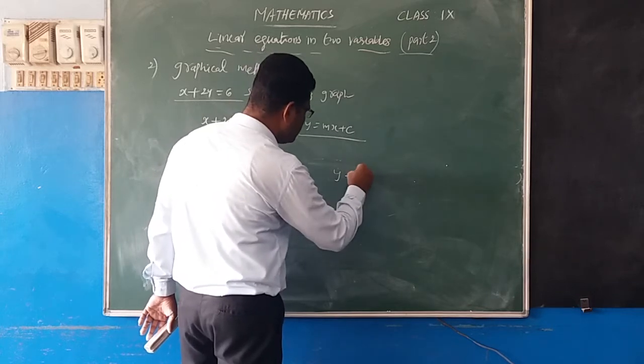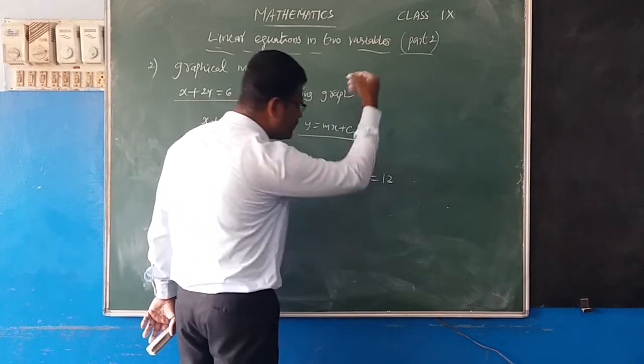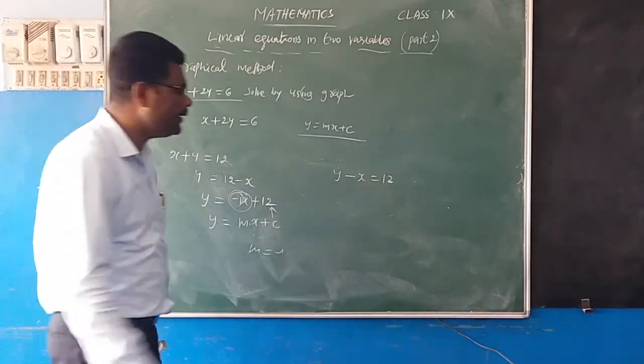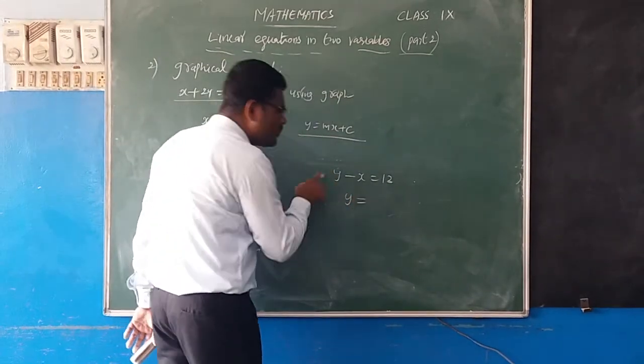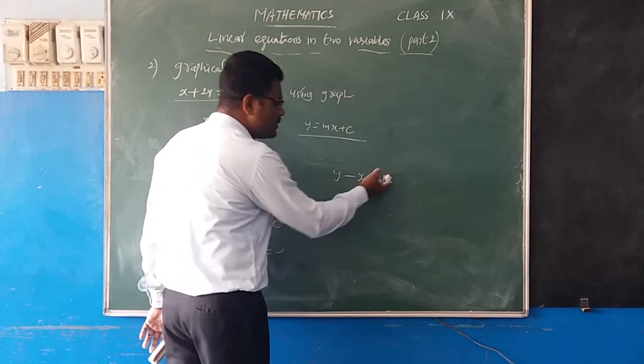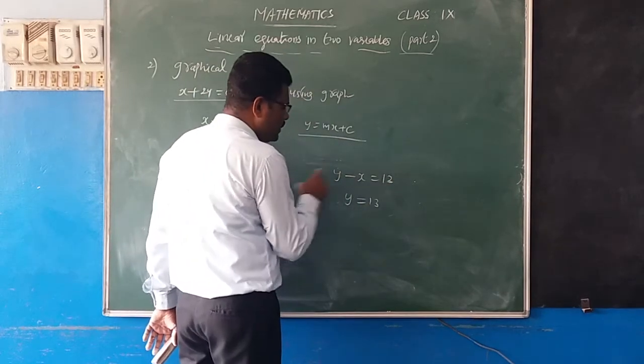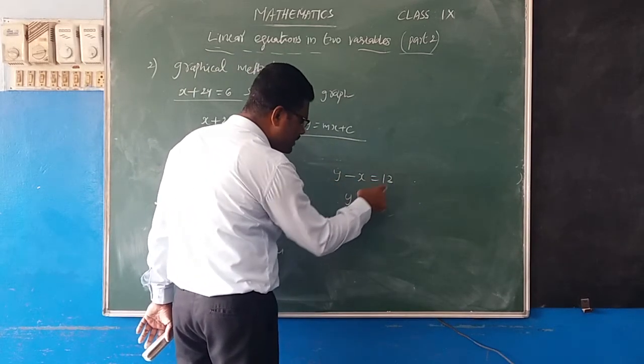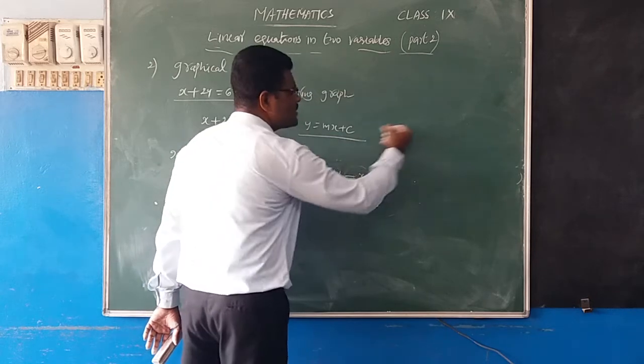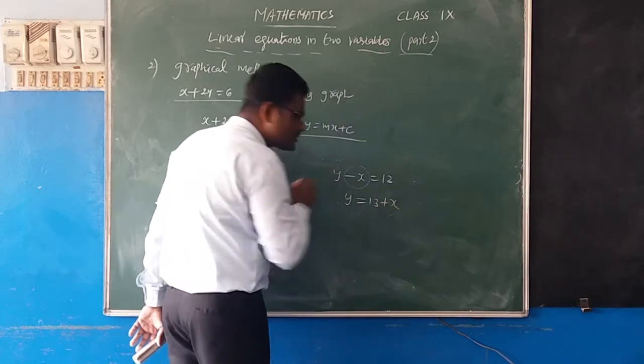Suppose y minus x is equal to 13. How do we write it? We need to write the given equation in terms of y. y as it is, equal sign as it is, 13 as it is. When you shift minus x to that side, it becomes plus x.